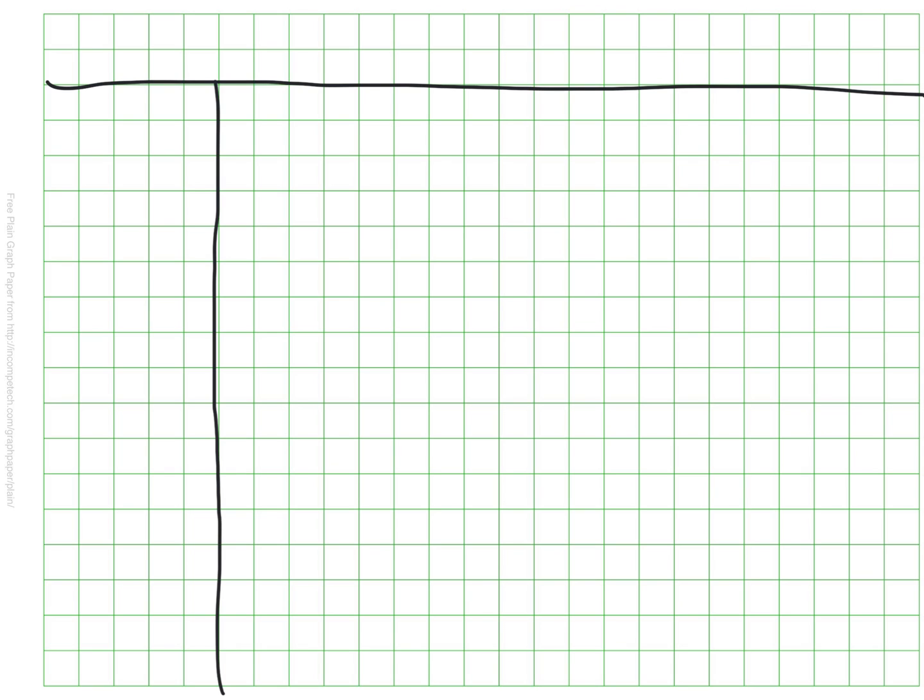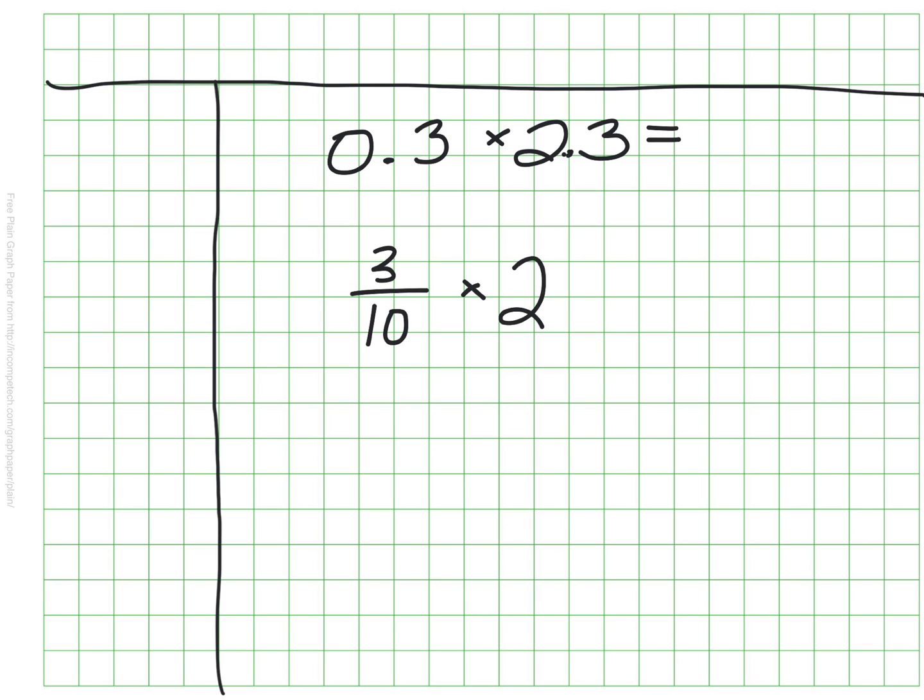Let's say, for example, I wanted to know the product of 0.3 times 2.3. I might not yet have a great strategy for multiplying decimals, but I do know how to turn those into fractions that I can multiply. So I know that 0.3 is 3/10, and I know that 2.3 could be written as 2 3/10.